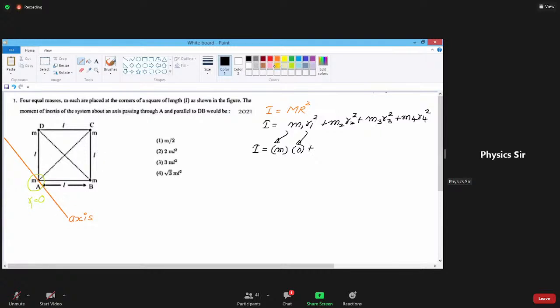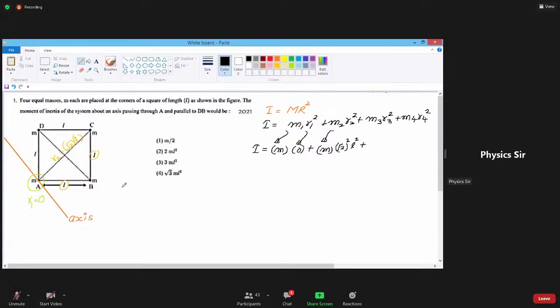This distance is L. This distance is L. So can somebody tell me what will be the distance from A to C, which I am calling R2? Will it be root 2 L from the Pythagoras theorem? Yes or no? So in place of M2 I write M, and in place of R2 square I write under root 2 L, whole square, that is L square.